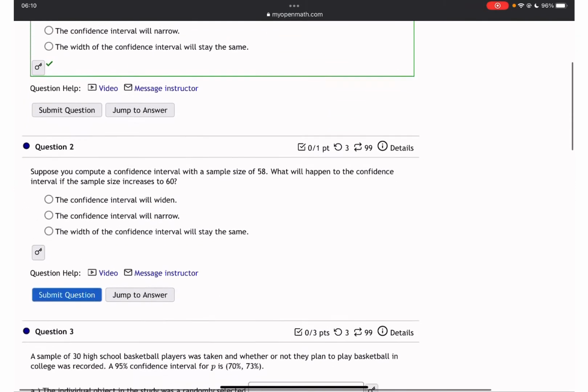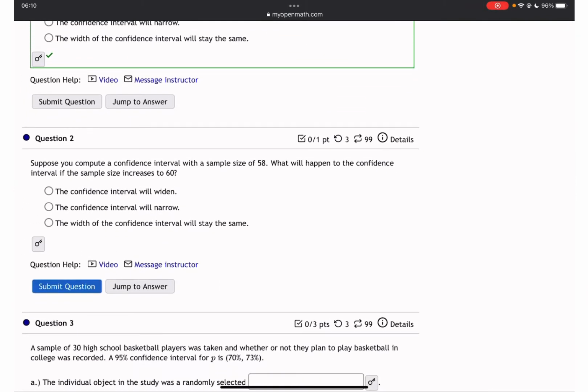Okay. Question number 2. Suppose you compute a confidence interval with sample size 58. What will happen to the confidence interval if the sample size is increased? If the sample size is increasing, then the confidence interval will narrow, because you are looking at a wider sample, and that will reduce your margin. So the confidence interval will narrow.